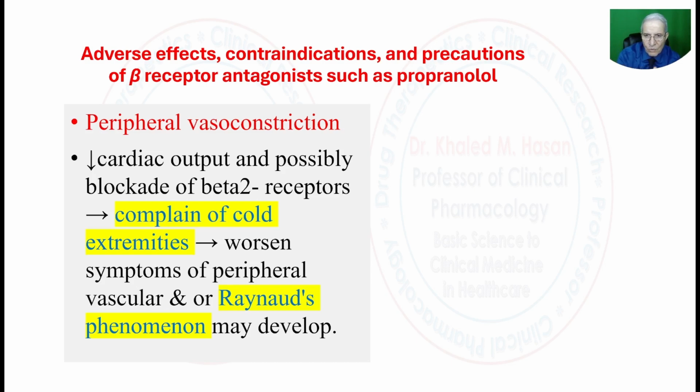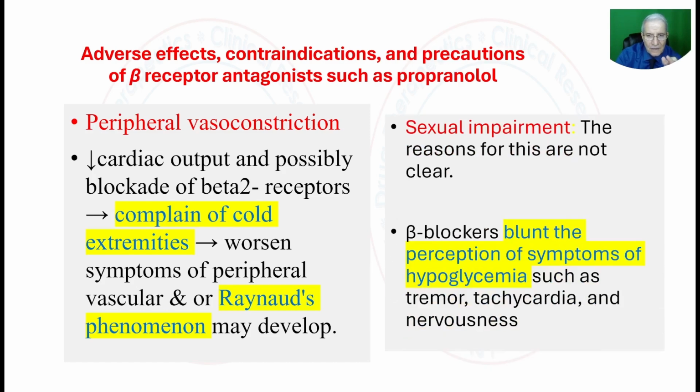This will worsen the symptoms of Raynaud's phenomenon, and the patient may develop Raynaud's disease, which is related to vasoconstriction in the peripheral arteries. So the first important side effect is peripheral vasoconstriction.